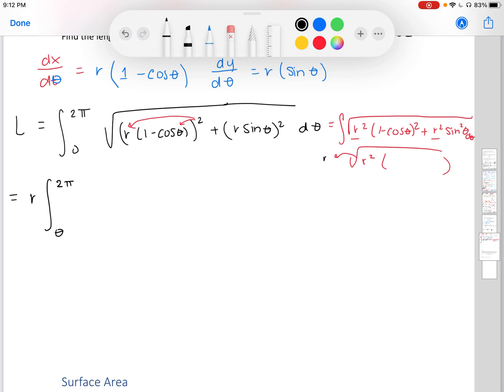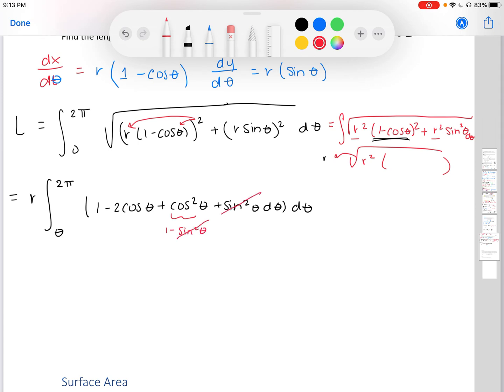And we're left with, let's expand this binomial. We have 1 minus 2 cosine of theta plus cosine squared theta, and then we have plus sine squared. You see here that we can replace cosine with 1 minus sine squared.